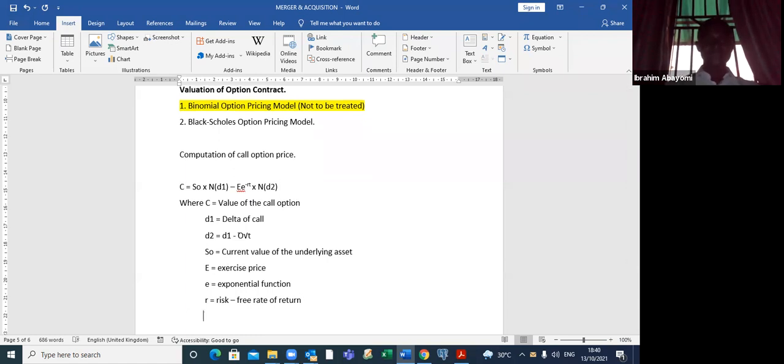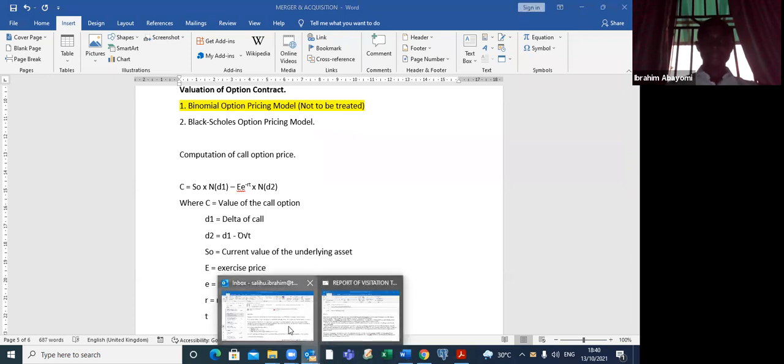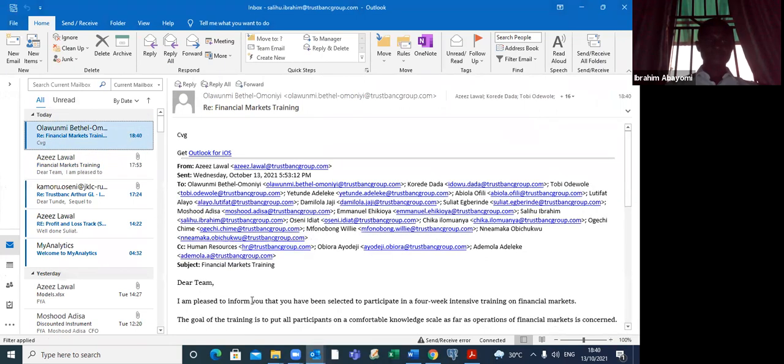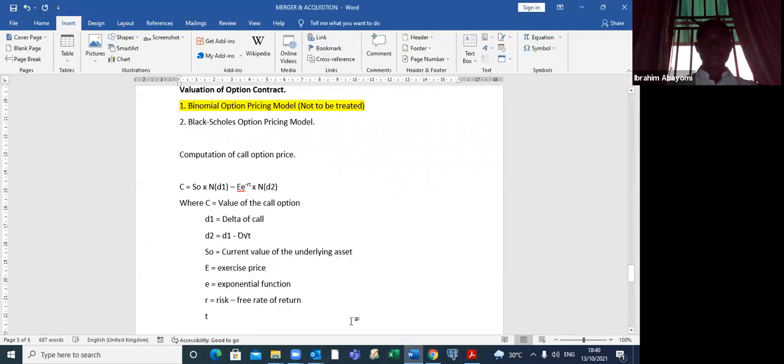And T is time to expiry. So that's the definition of everything we have in that formula.